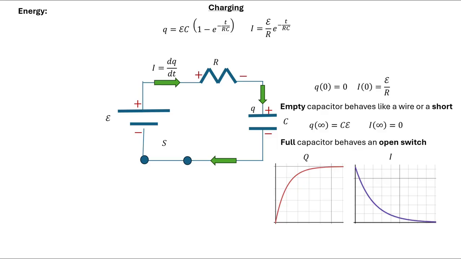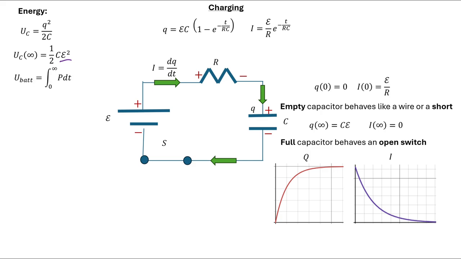Okay, the last thing I want to talk about for this case is energy. So we know that a capacitor has an energy Q squared over 2C, and we know that in the long term, the total voltage on the capacitor will be this. And so the Q max is CE, and so if you do the math, you end up with that much energy on the capacitor. Now, who puts the energy on the capacitor?